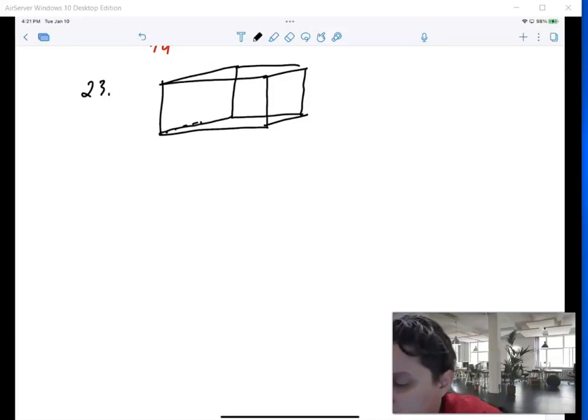Alright, a block of ice is exposed to heat in such a way that the block maintains a similar shape as it melts. It's initially 2 feet wide, 2 feet high, 3 feet long, so 3, 2, 2, however the picture has it.